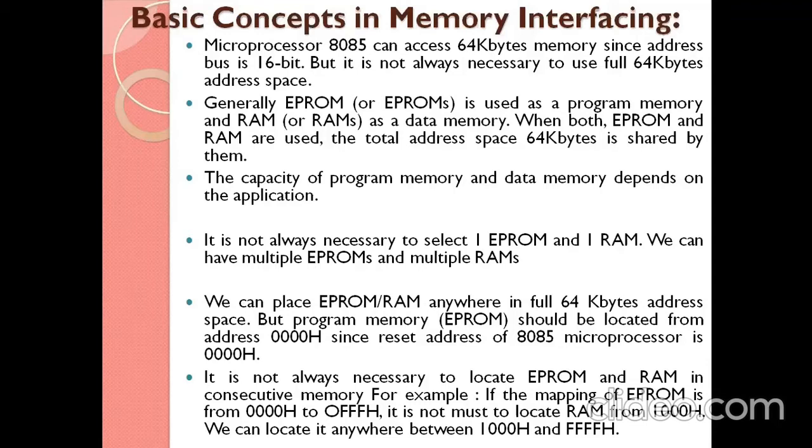So always the starting address, that is the 0000 location, should be allocated to the permanent memory. So if suppose I want to connect only 2 kilobyte, 1 kilobyte of RAM, 1 kilobyte of ROM, we can assign any address in between 0000 to 0FFF. The capacity of program memory and data memory purely depends on the applications.